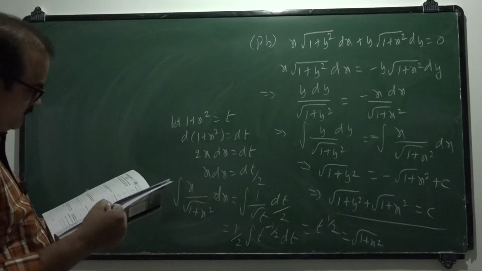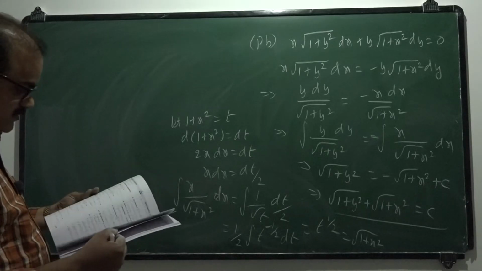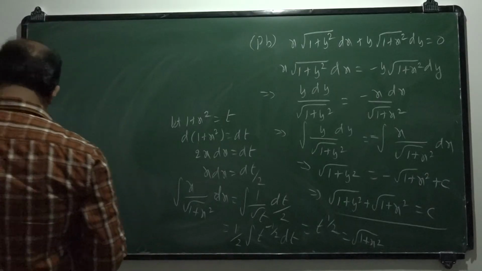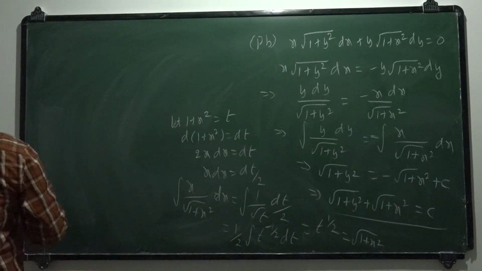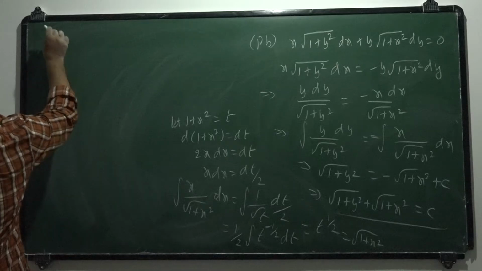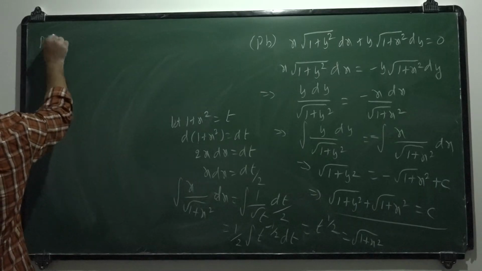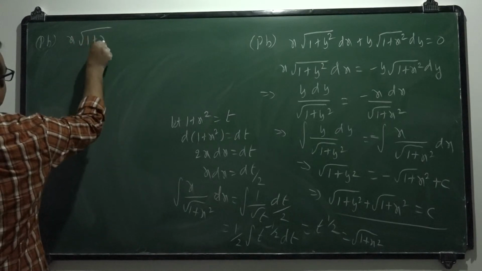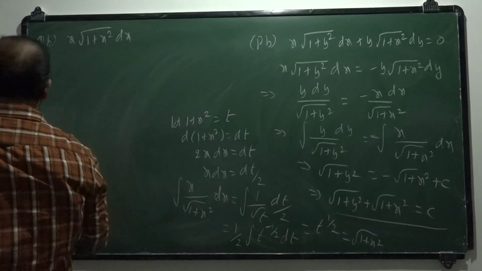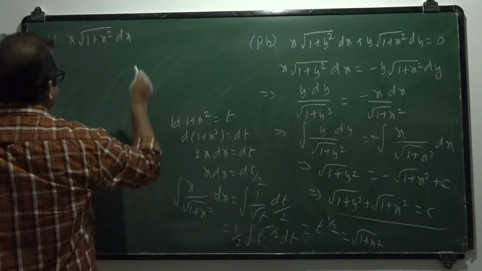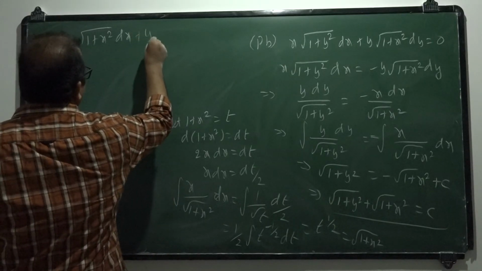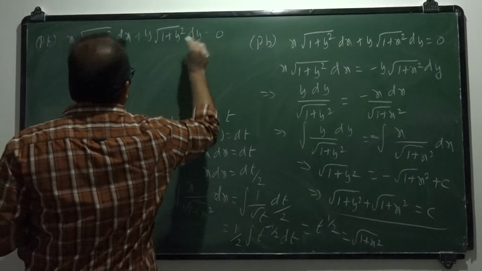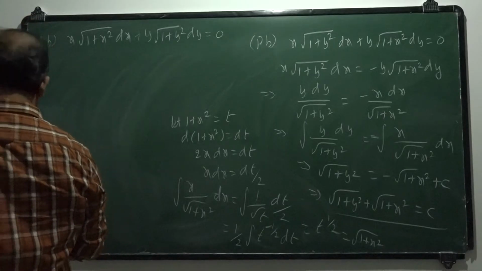Okay, we do some problems in level 2. Write the problem. The solution of x into root 1 plus x square into dx plus y into root 1 plus y square into dy is equal to 0.